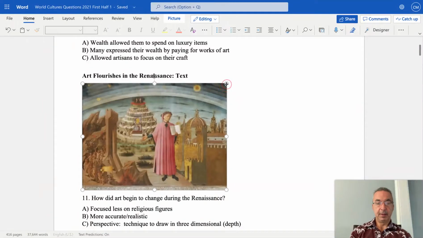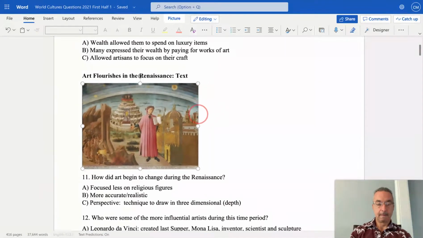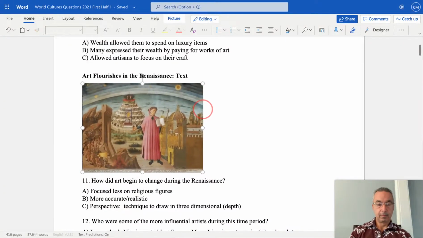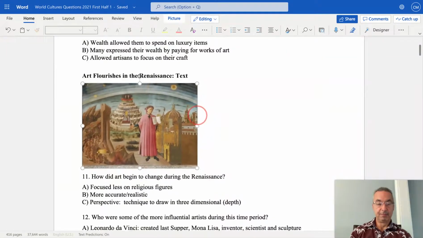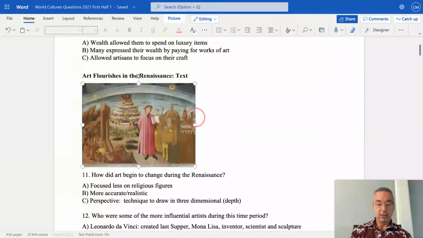I'm just going to shrink this painting here again. Number 12, who were some of the influential artists during this time period? You can think about some of the greatest artists of all time, many of whom were influential during this period. Leonardo da Vinci created the Last Supper and Mona Lisa.